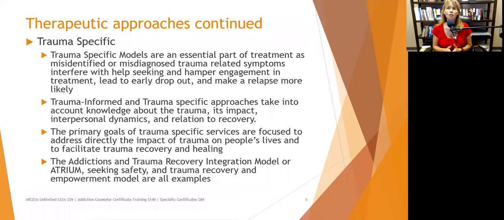The primary goal of trauma-specific services is focused on directly addressing the impact of trauma on people's lives and facilitating recovery from that trauma. So we want to look and we want to say, this thing happened, whatever it was. You were in Hurricane Katrina, you were raped, you were a victim of a home invasion robbery, whatever it was. That happened, and that was awful.